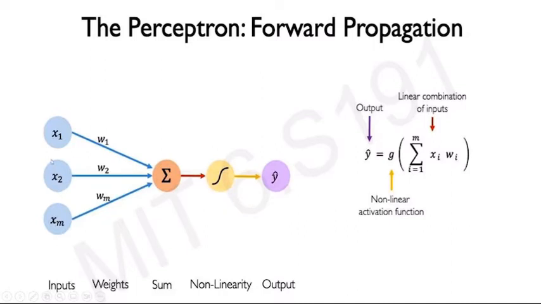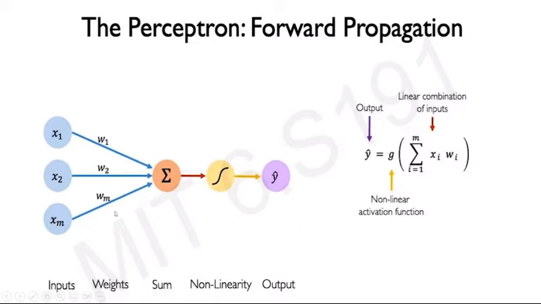You have m features, which in statistics we call independent variables, explanatory variables, or predictors. Using the perceptron, we assign a weight to each feature: feature X1 has a weight W1, feature X2 has W2 as weight, and so on up to feature Xm.